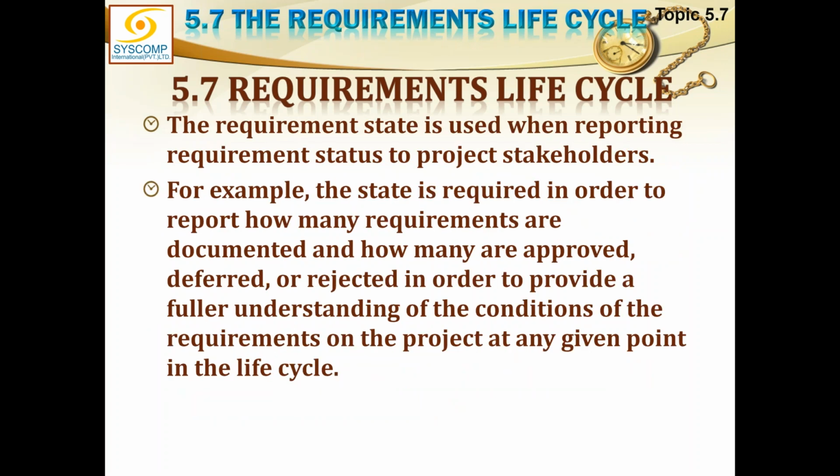The requirement state is used when reporting requirement status to the project stakeholders. For example, the state is required in order to report how many requirements are documented and how many are approved, deferred, or rejected, in order to provide a fuller understanding of the conditions of the requirements on the project at any given point in the life cycle.